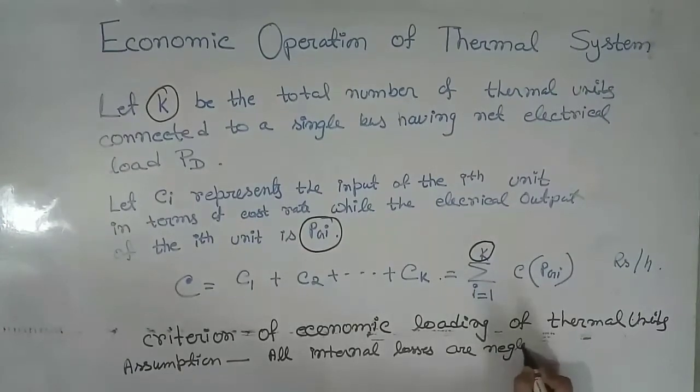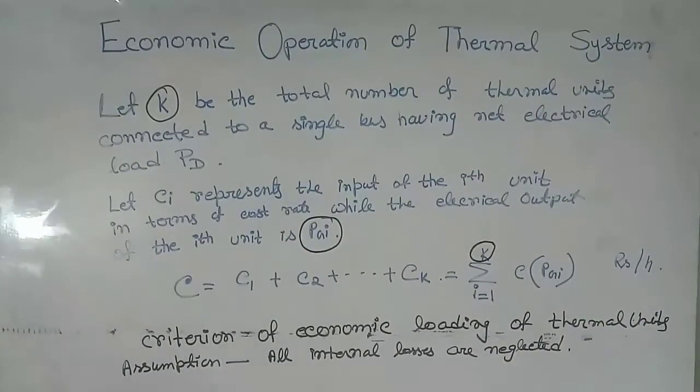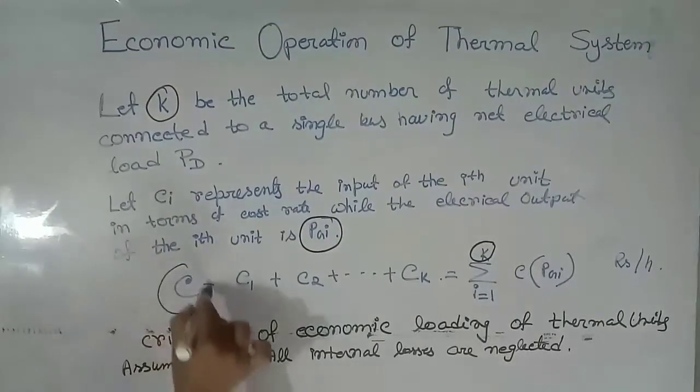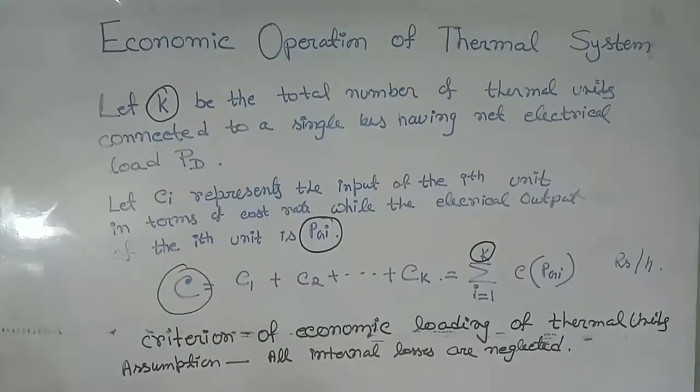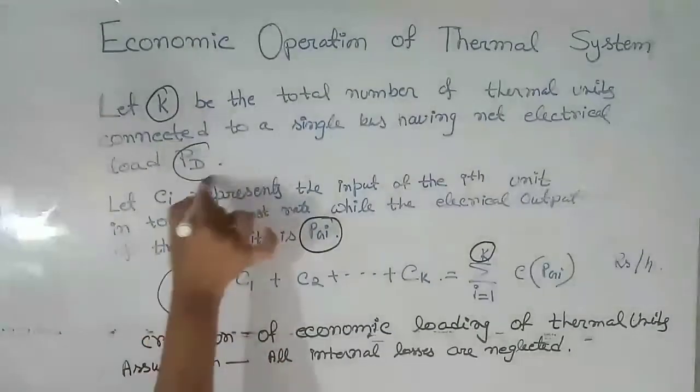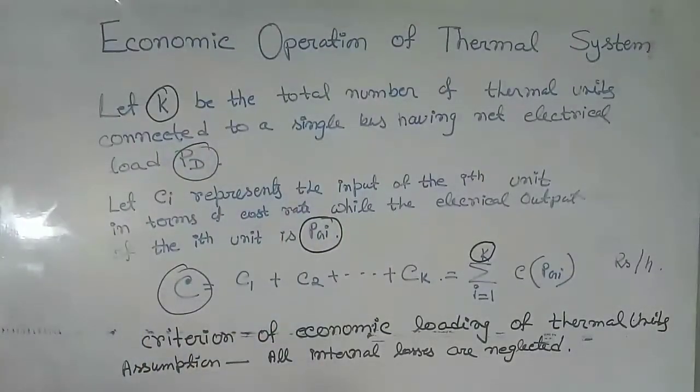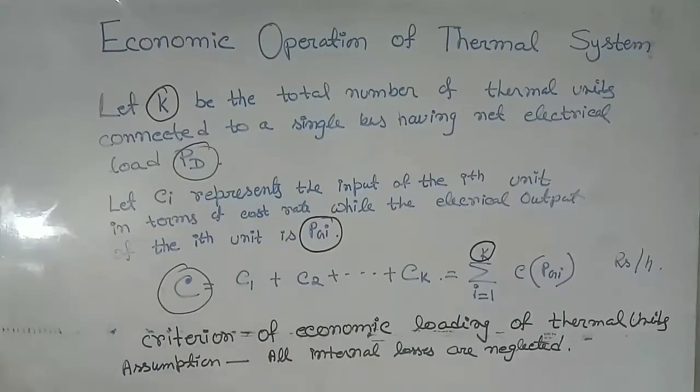Now economic operation is only possible when an objective function, that is our total cost input for supplying the net load PD, will be minimized and subject to specified constraints.